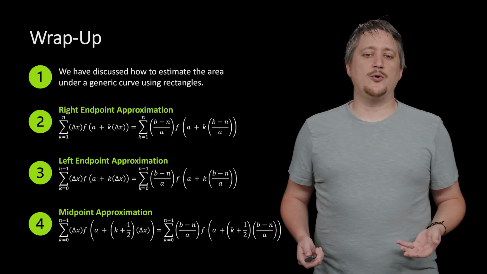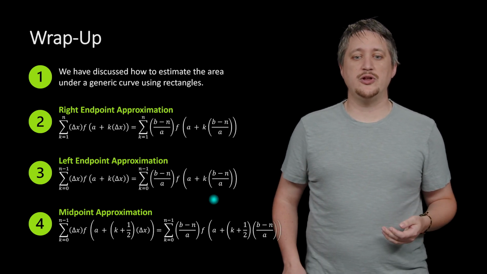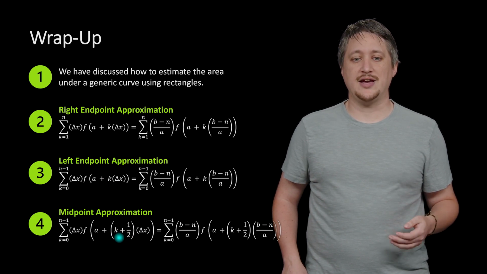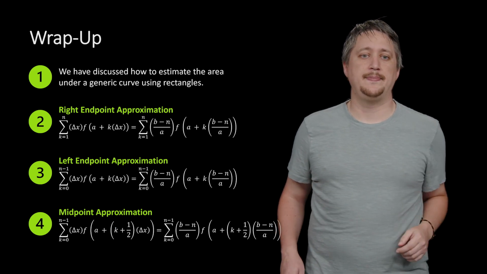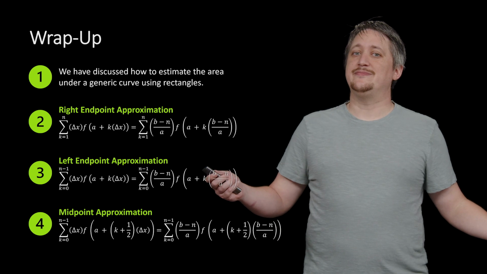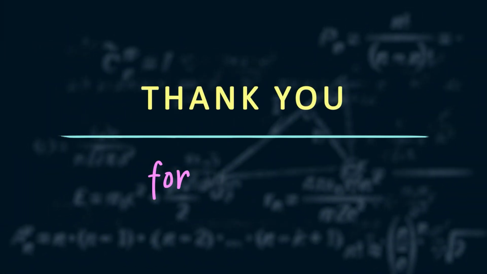And then we used the midpoint, which was, just like the left endpoint, except we wanted to include another half of a width. So we have this k plus 1/2 here instead of just k, because k is the number of widths that we move, okay? All right, so that is that.